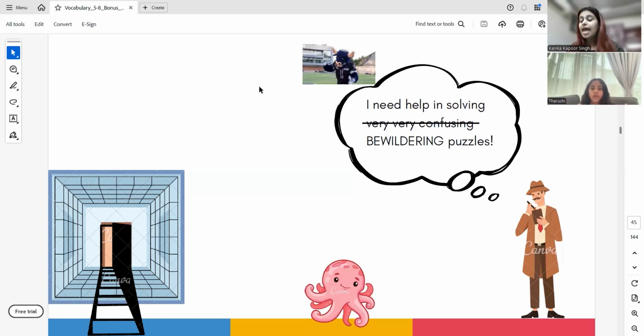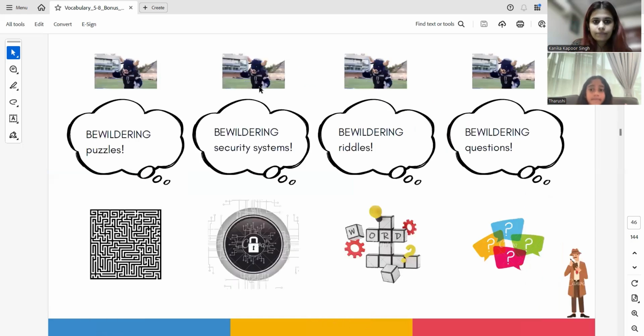Like Tharushi needs help of the science teacher, similarly Sherlock also needs help of someone in solving bewildering puzzles. Let's see further. Bewildering puzzles, bewildering security system, bewildering riddles, bewildering questions. So there are so many things that are bewildering, right?